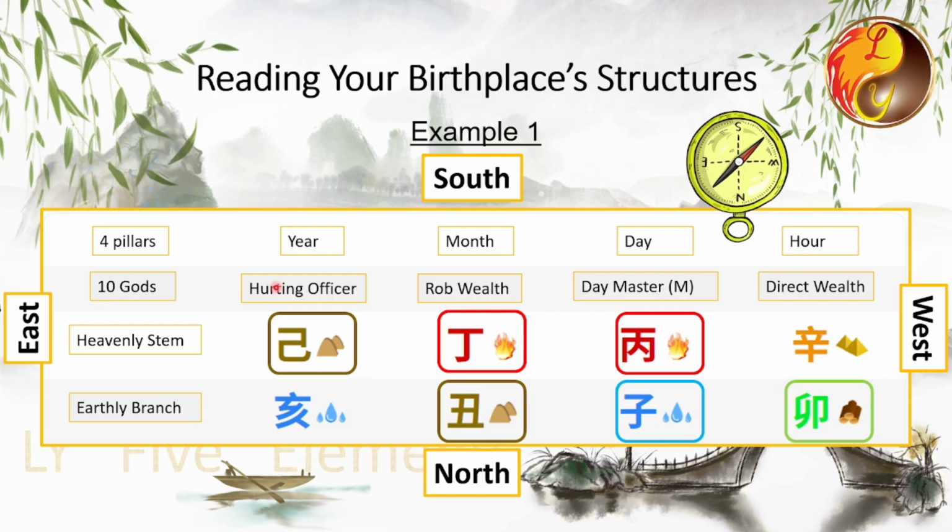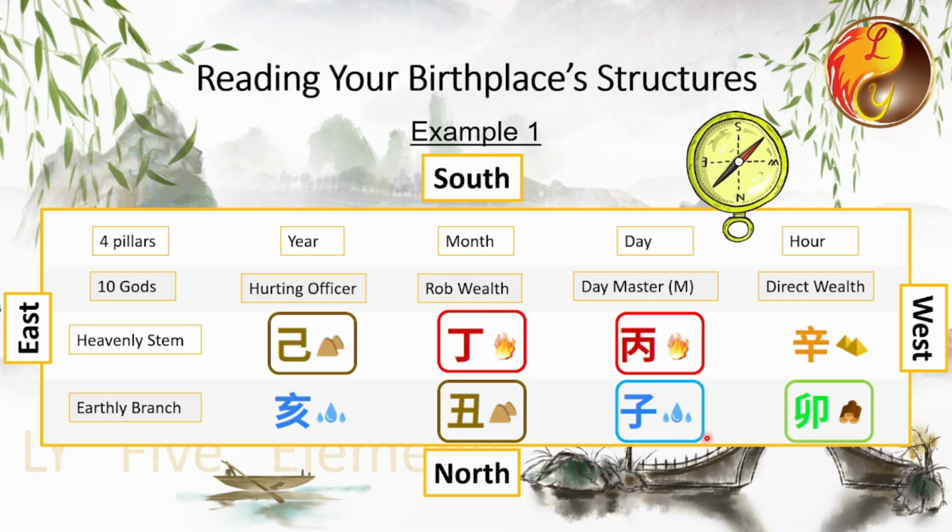This Ji represents the southeast direction, where there is a depression and a river. Chou in the countryside signifies an ancestral grave, though in the city it would not carry that meaning. And Ting symbolizes a lamp, but since every household has one, it's not particularly noteworthy.